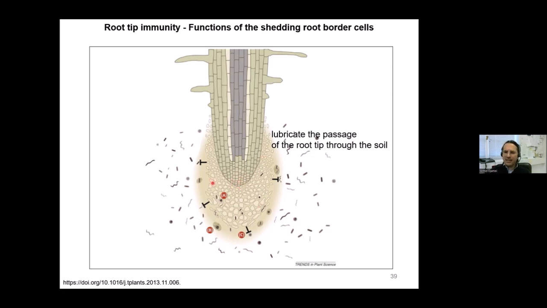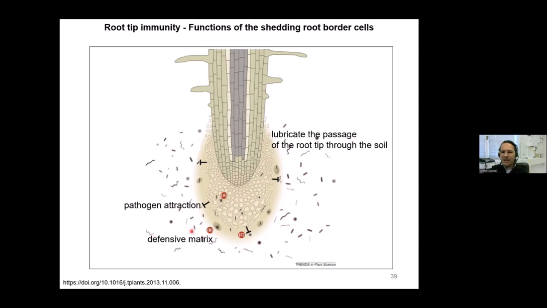But these released outer layer cells, which have no direct connection with the plant body, have additional functions. They attract pathogens so that they get infected, and by this they prevent infection of the real plant body, so misguiding them.